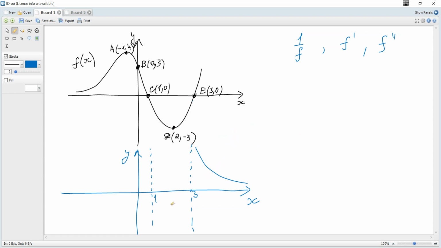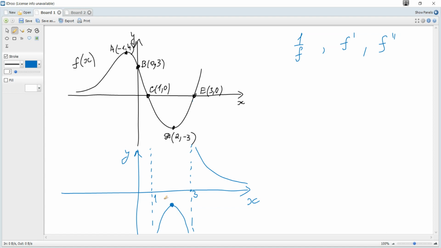And tails fall to negative infinity. Notice that it's not symmetrical, it's not like a parabola.